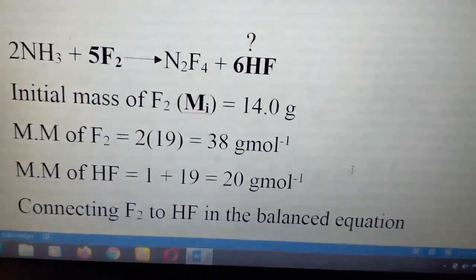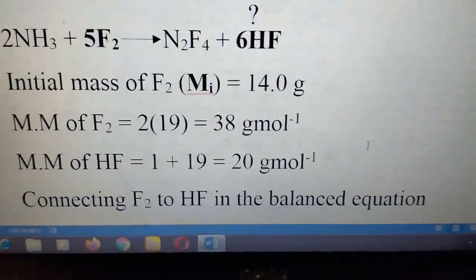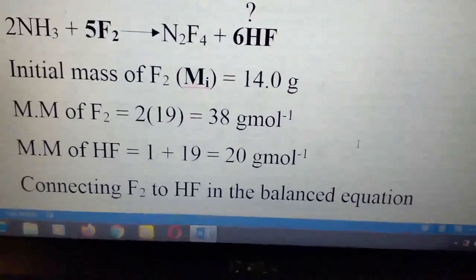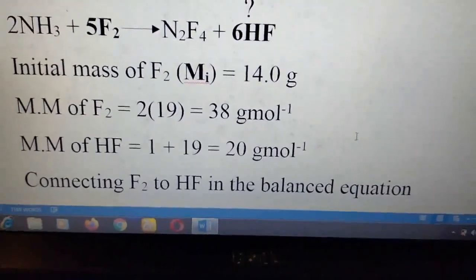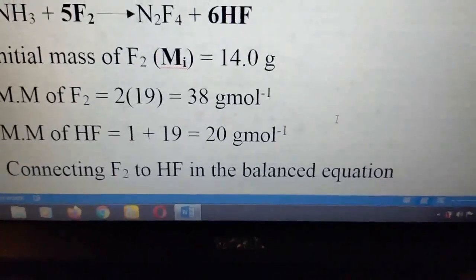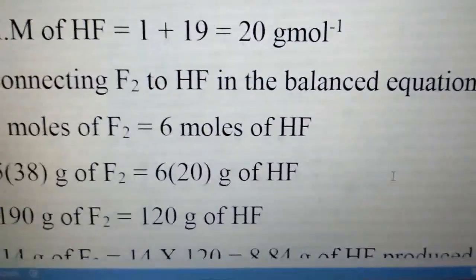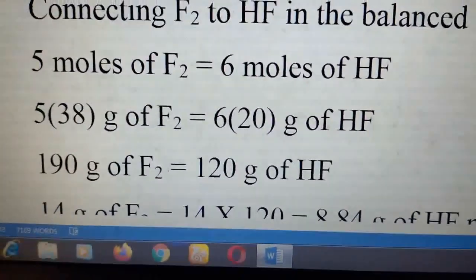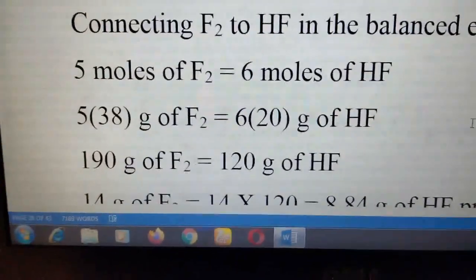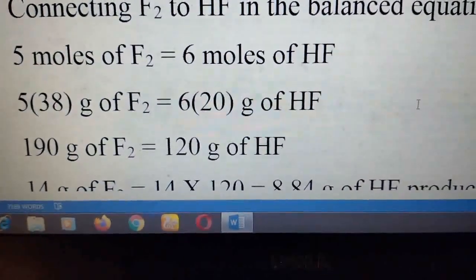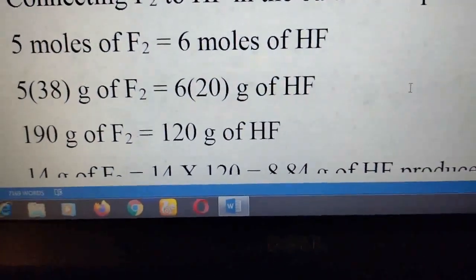We'll now connect the two of them, fluorine to HF, in the balanced equation. We'll see that the stoichiometric ratio is 5 moles of fluorine to 6 moles of HF. We'll convert the moles to masses. So 5 moles of fluorine is 5 times the molar mass, 38 grams of fluorine. 6 moles of HF is 6 times the molar mass, 6 times 20.